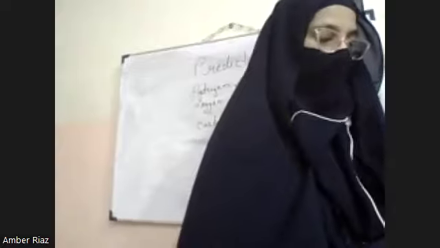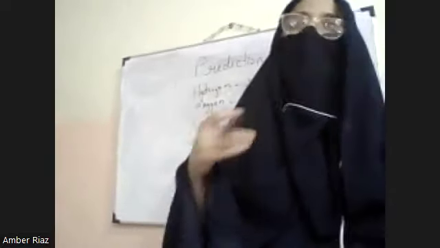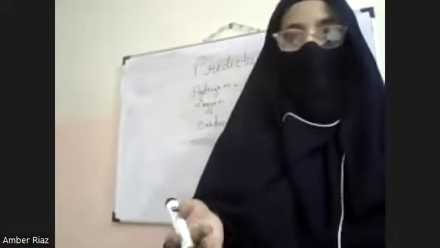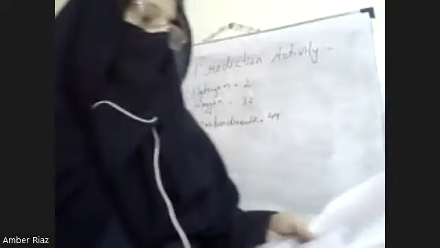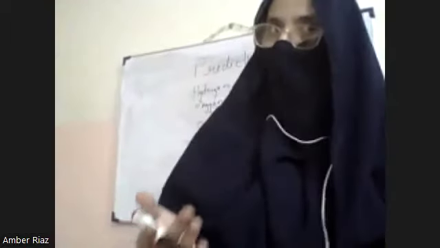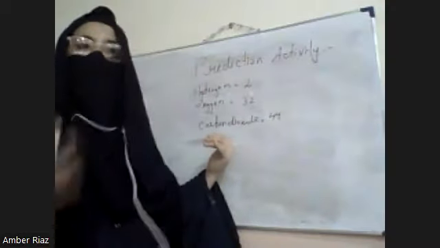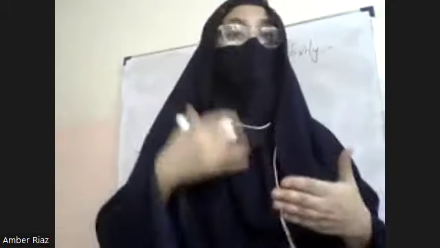Very good. Okay. If I give you a challenge, why hydrogen diffuses faster than carbon dioxide, you will give me the answer: because hydrogen is lighter than carbon dioxide. That's why hydrogen diffuses faster. Okay.